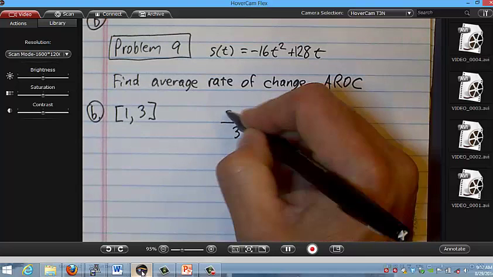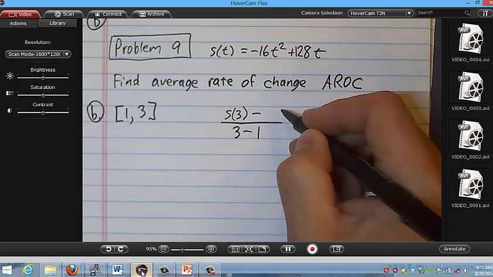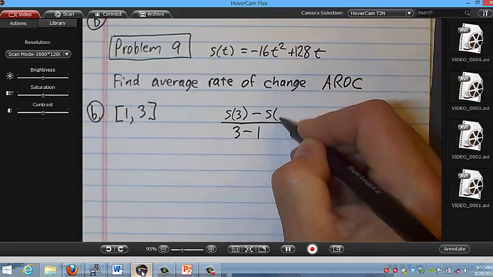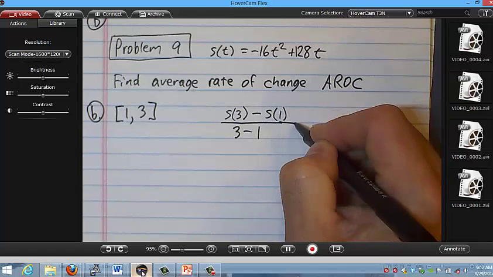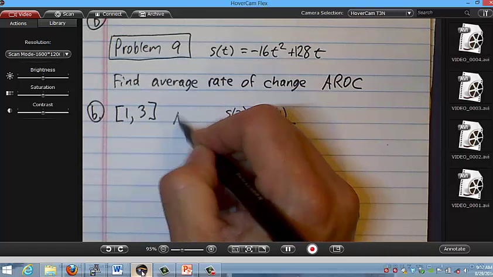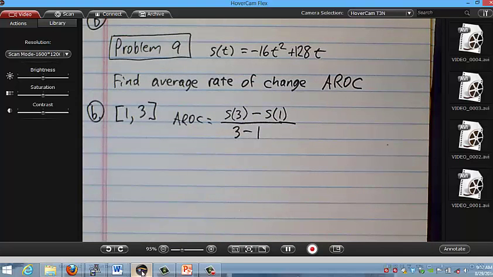You did S of 3, right? Minus what? S of 1. Is that what you did? It's basically y2 minus y1 over x2 minus x1. This is AROC. Are you with me?